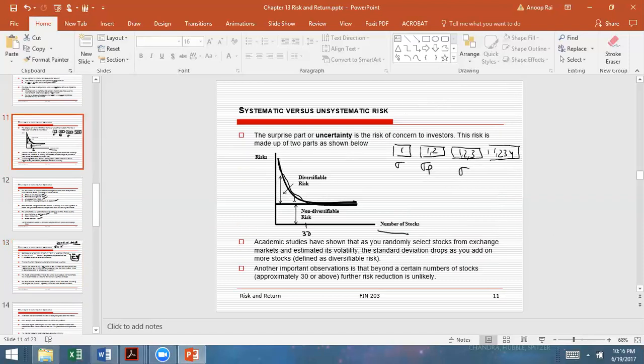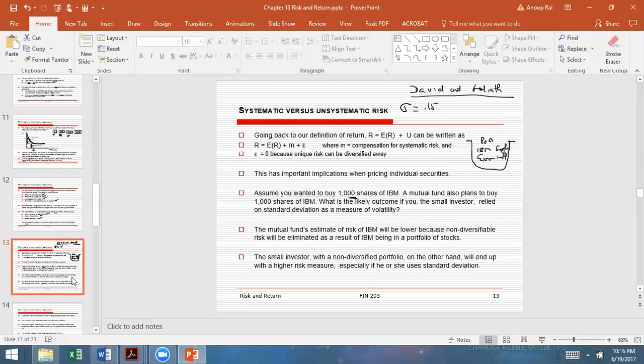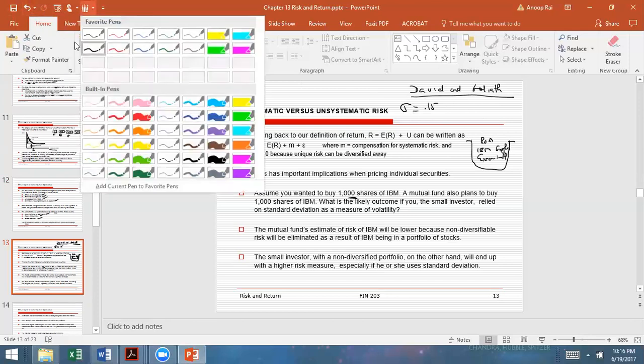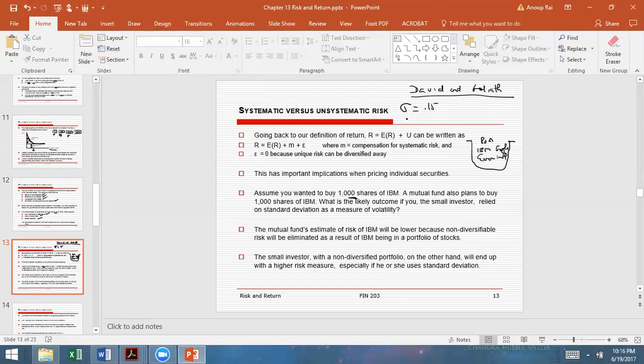That as you add on more and more stocks, your diversifiable risk is taken away. So the David and Goliath story comes about this. This is my calculation of IBM stock. But when a mutual fund calculates an IBM stock risk, it could turn out to be 10, because they don't have to worry about the diversifiable risk.